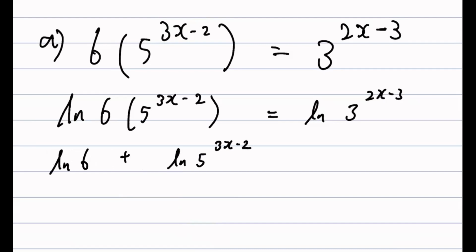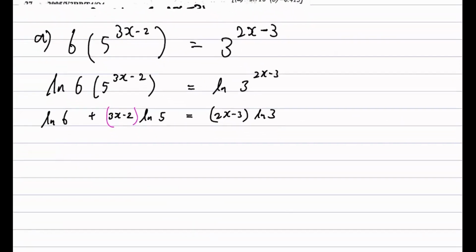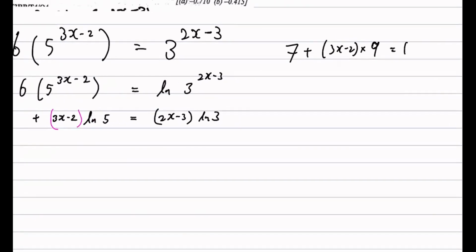And if you're faster, you can bring down the 3x minus 2 straight away. So that means we'll have 3x minus 2, bracket, times ln 5 equals, same thing here, 2x minus 3 multiplied by ln 3. Take note that ln 3 and ln 5 are just numbers, right? So that's really just like if I give you 7 plus 3x minus 2 times 9 equals 2x minus 3 times 10.